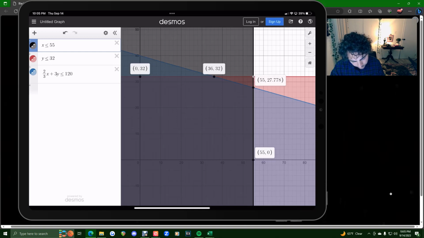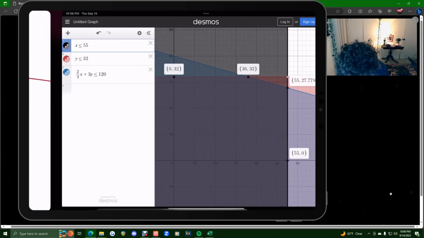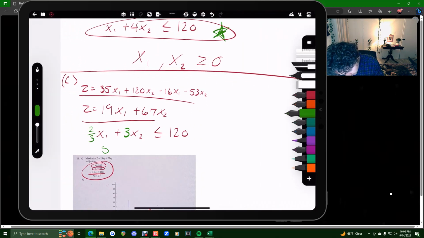I'm going to make an educated guess that it's just the 55 and the 27.7, but I really don't know. But basically what we would have to do is test out all these points, plugging each of these ordered pairs into the new profit equation to see which one produces the max profit. Okay, so I'm going to hope it's the 55 and the 27.7 repeating, so maybe 7, 8.